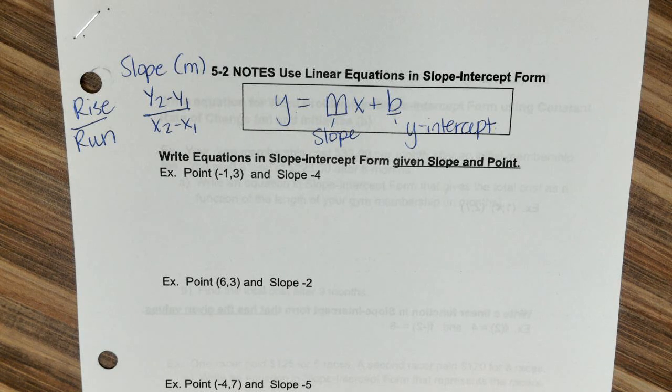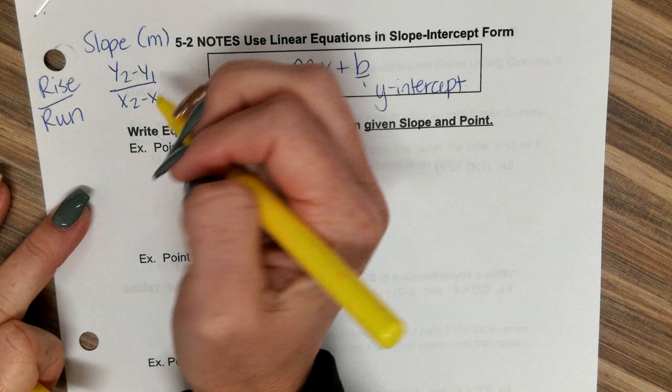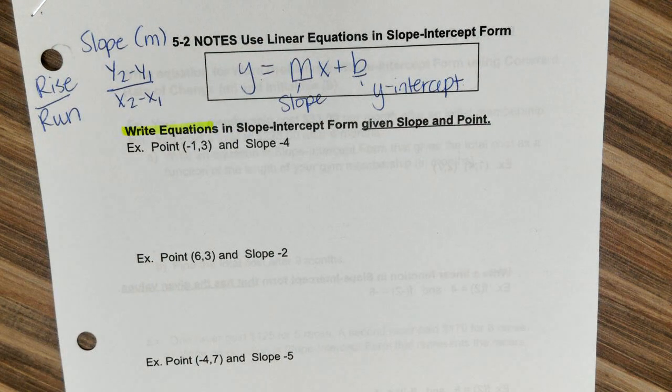Very good. All right, so let's look at what it's asking for, and tell me what you think. The first part wants us to write an equation. They're giving you the slope. What else did they give you? A point. They're giving you the slope, and they're giving you a point.